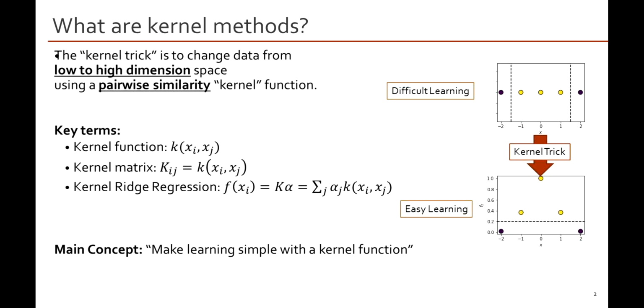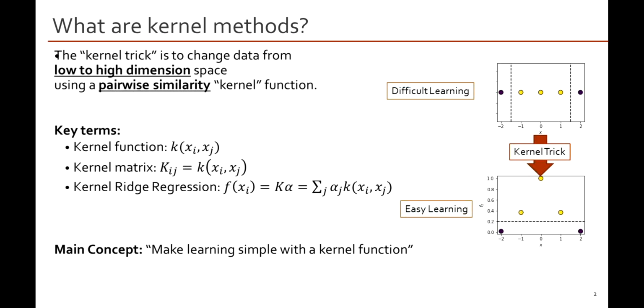In ridge regression, I have, in effect, a linear regression model where I sum up the contributions of the kernel functions between a point I'm trying to evaluate and all of those points in another set, which can be represented both as a matrix operation or as this summation function here.